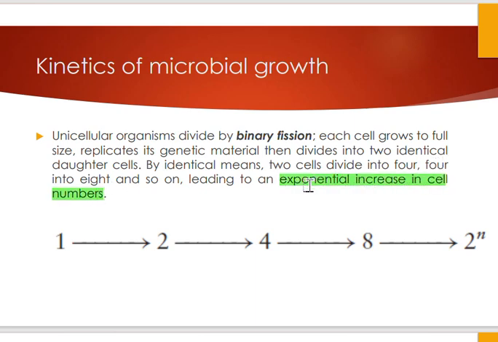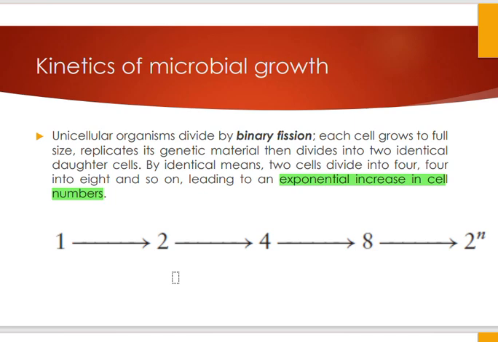So this kinetics of microbial growth explains why there is an exponential rate for your microorganisms, because there is an exponential increase in the number, since most bacteria divide through binary fission.